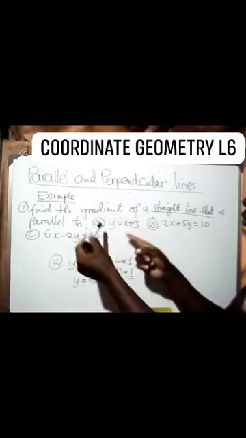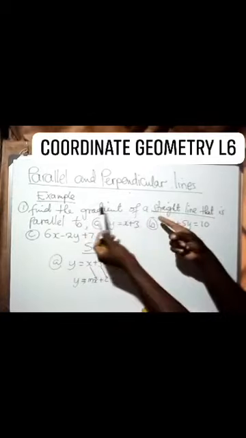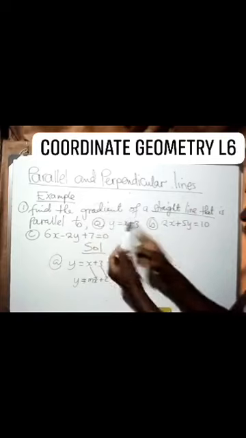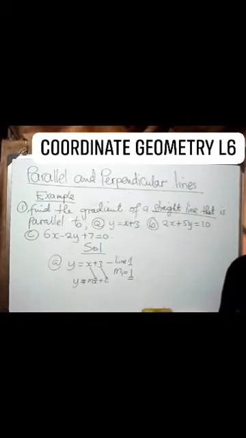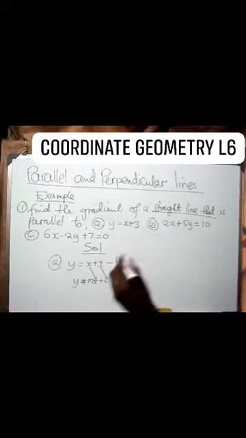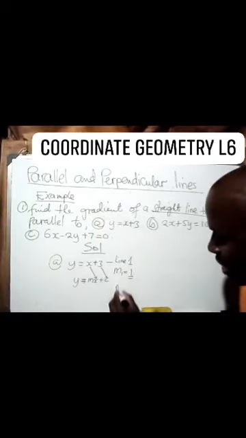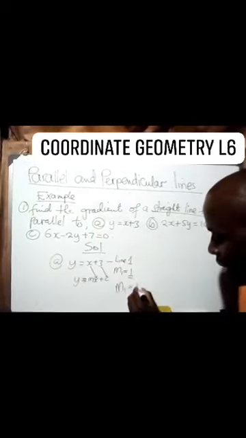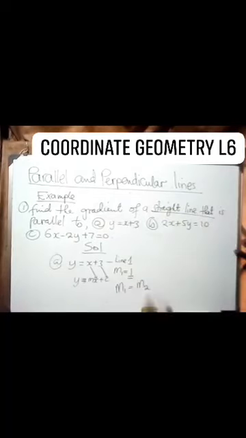Now, if there is another line which is parallel to this, both of them carry the same gradient, because we have learned that gradient 1 is the same as gradient number 2.